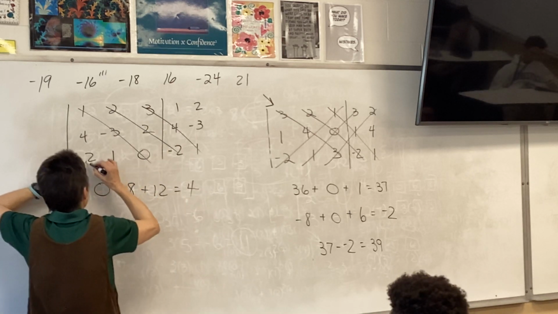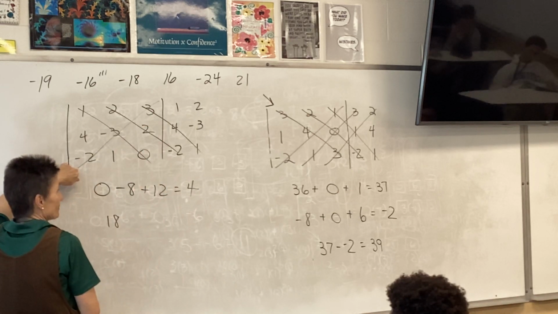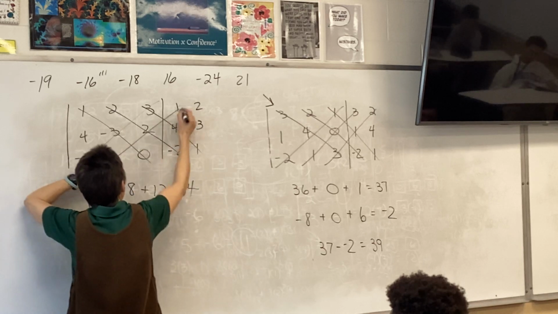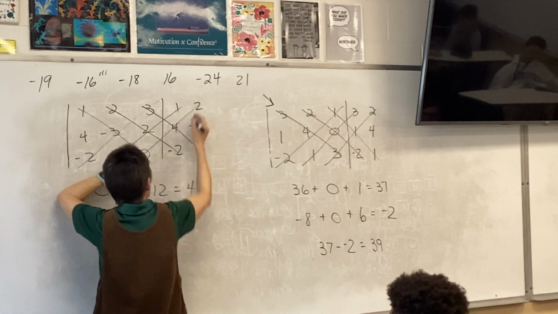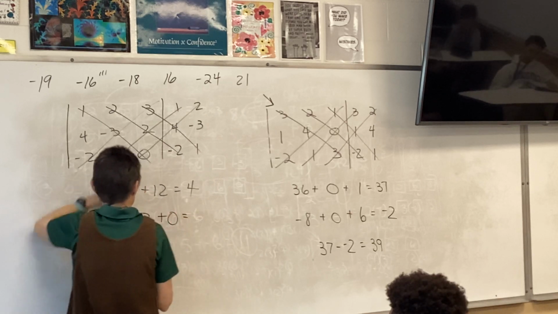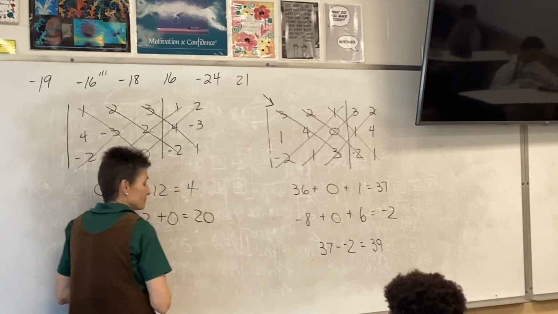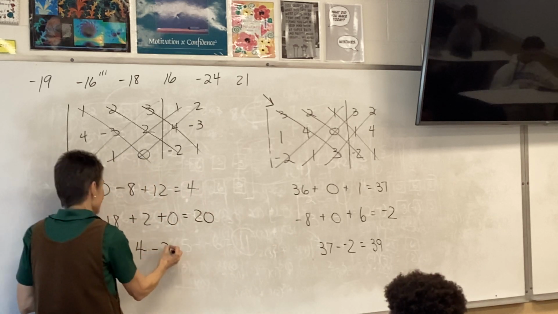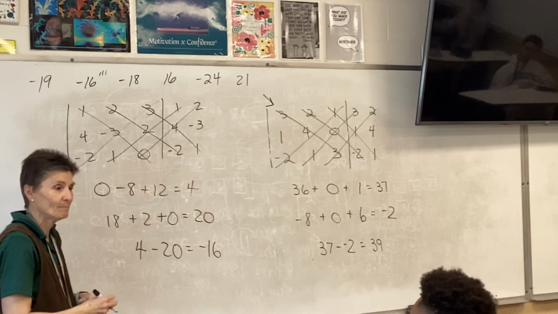So multiply, multiply, multiply. Positive 18. Positive 2. Positive 0. So my total is 20. I subtract these numbers, so those of you who said negative 16 are right.